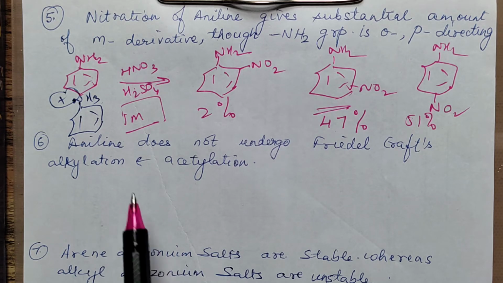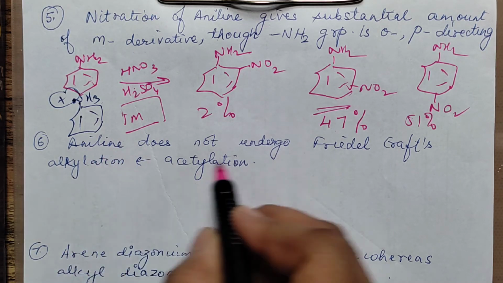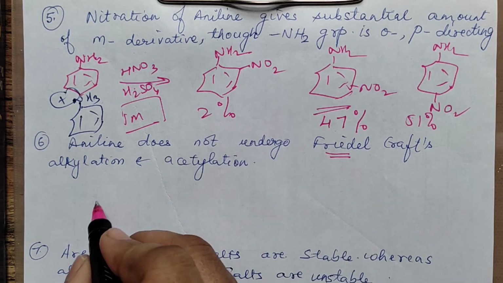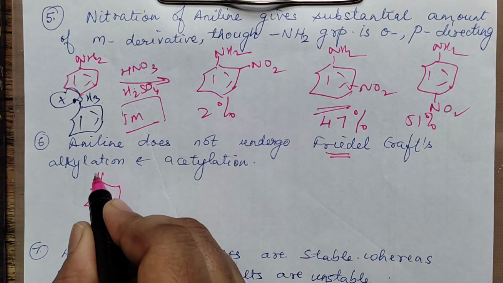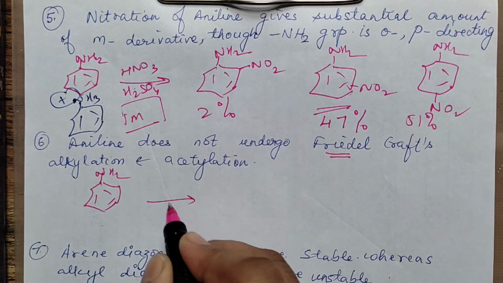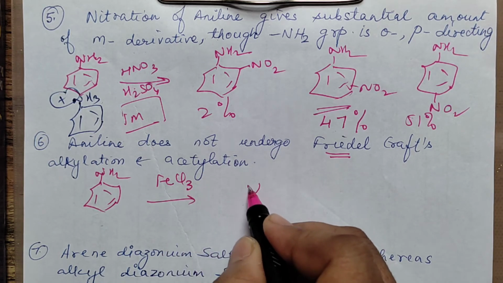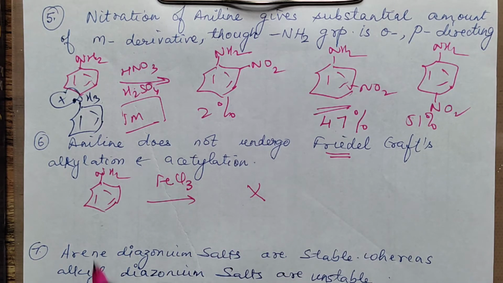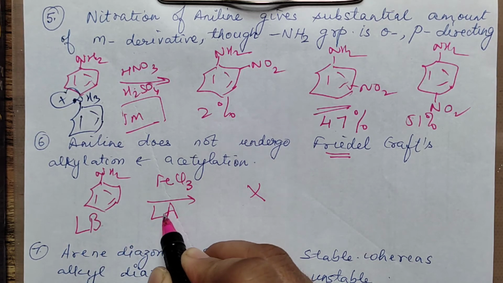The next question says, aniline does not undergo Friedel-Crafts alkylation or acetylation. Why? Because if we carry out Friedel-Crafts alkylation or acetylation with aniline, we carry out the reaction in the presence of a Lewis acid. We are saying it does not undergo the reaction. Why? Because this is acting as a Lewis base, and this is acting as a Lewis acid.